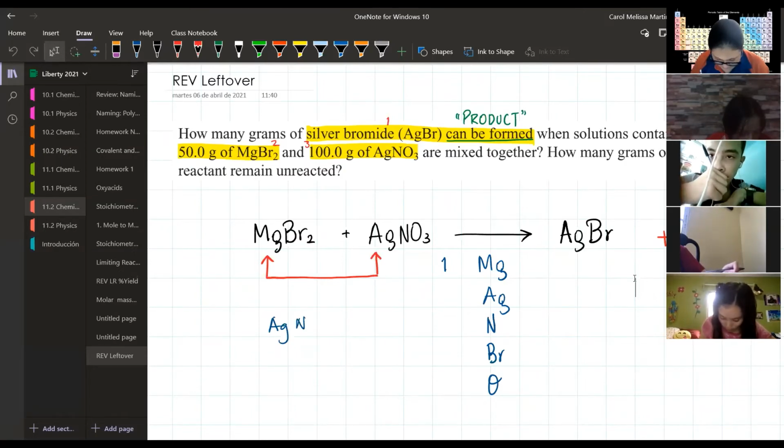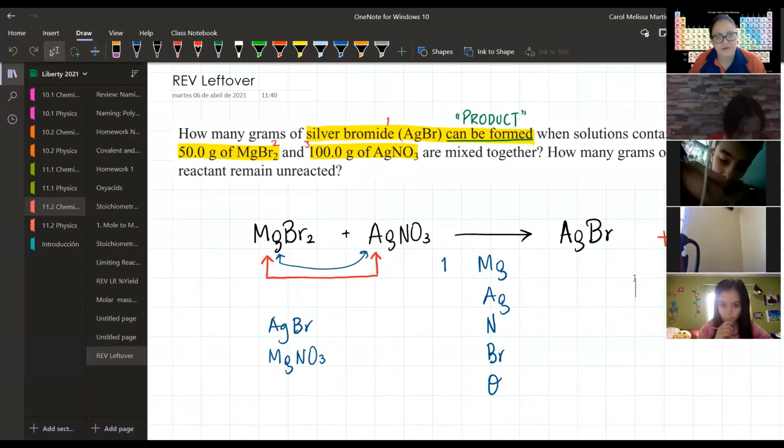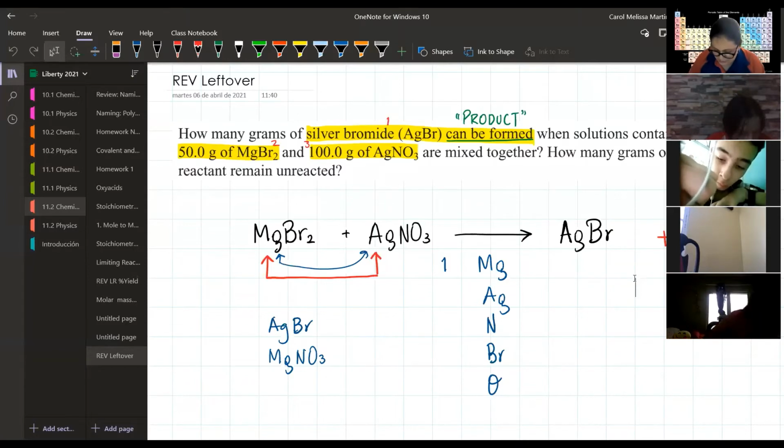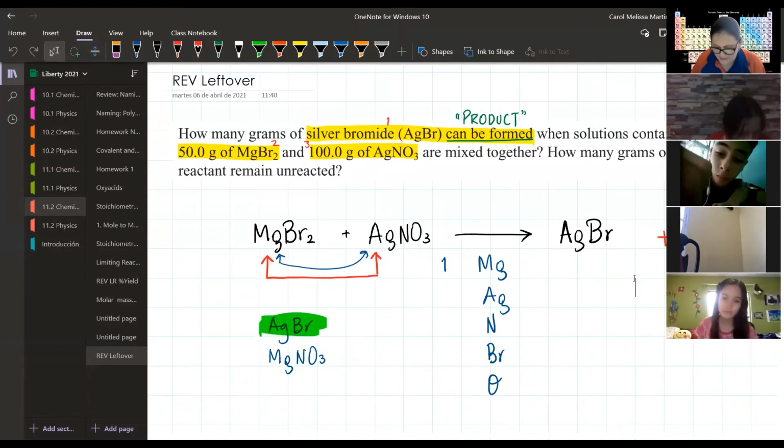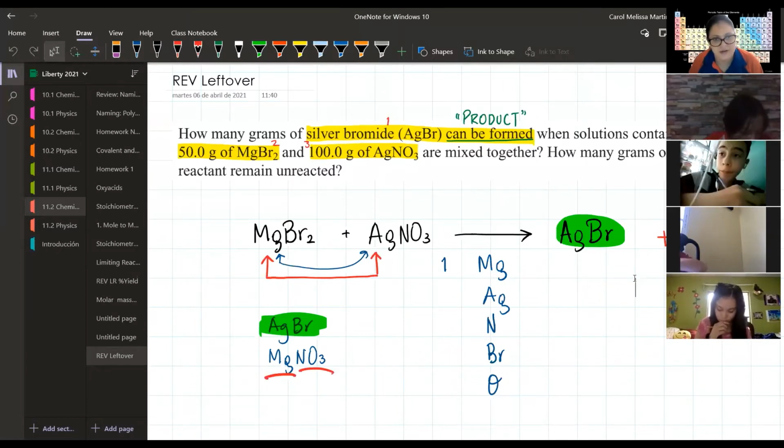So if I switch places, I will have Ag now combined with bromine, and that also means that Mg, that now is going to be on the other side, is going to be next to nitrate. That's a double displacement reaction. Now take a look. This product right here is already included here, which means that my second product has magnesium and nitrate.